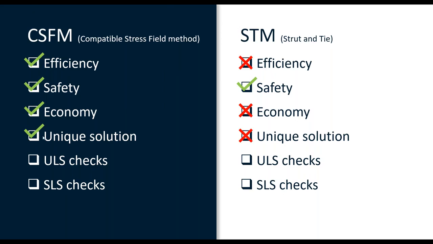So this is the comparison, this summary. And of course, everybody needs to check their structures, and it is extremely important to check according to ULS, but also SLS check, because these days we design thinner or lighter structures with large openings, with non-standard topologies, and we don't know exactly where the cracks will be.